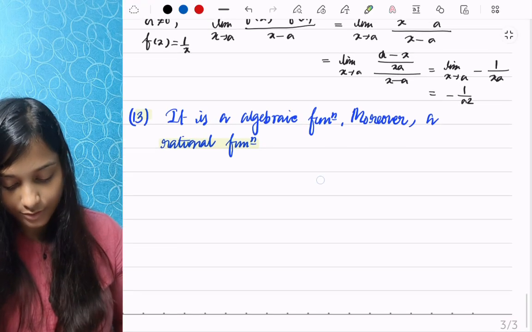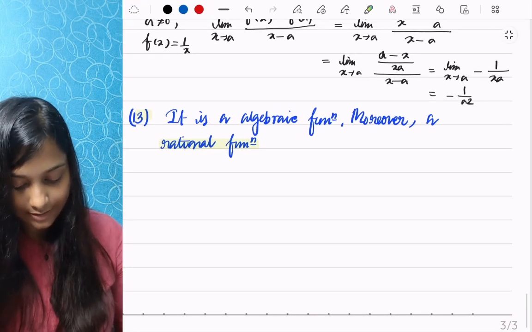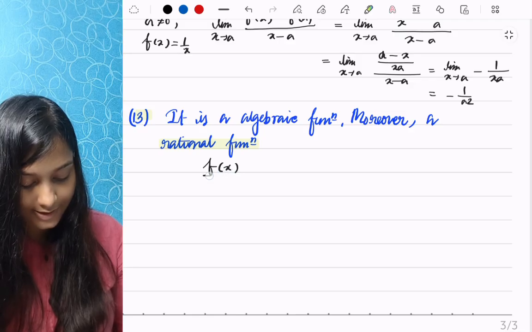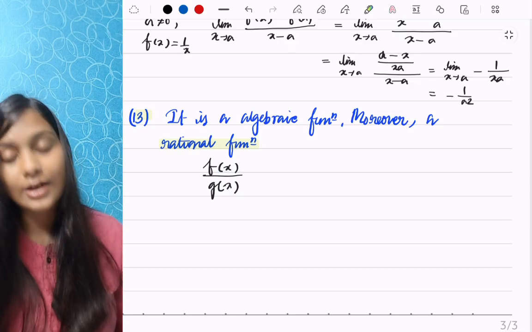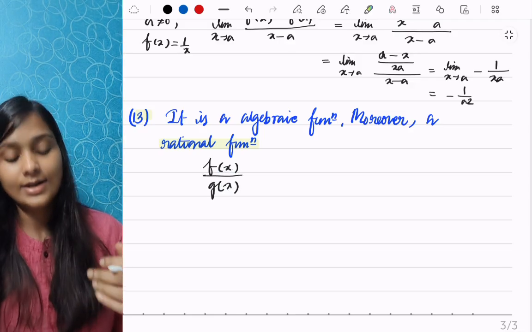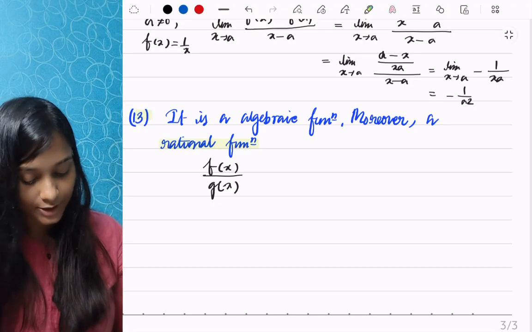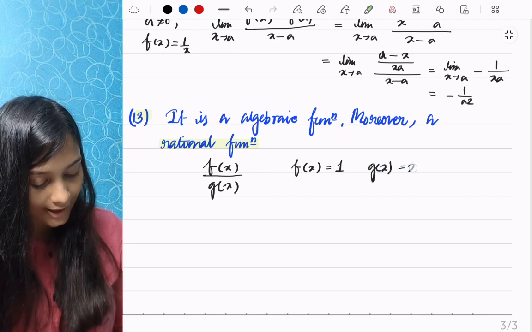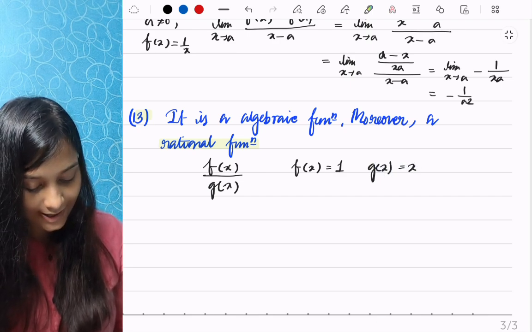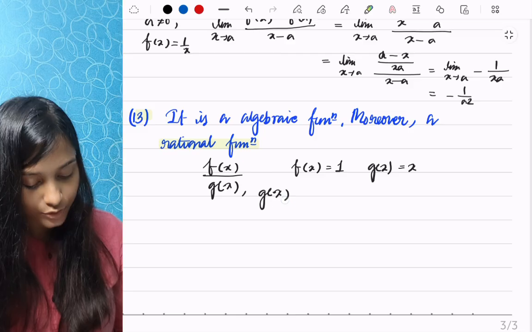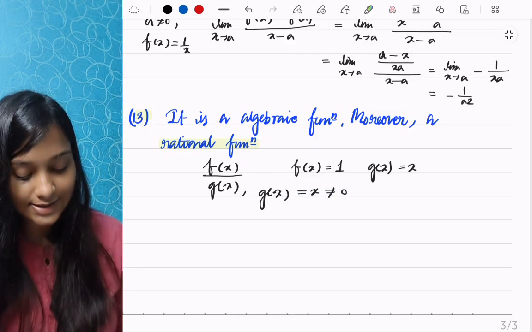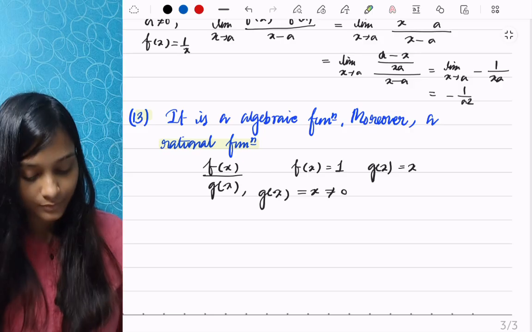As I have already mentioned, rational functions have this kind of structure, f(x) by g(x), where f(x) is itself a polynomial and g(x) is itself a polynomial. So here the f(x) function is 1 and the g(x) function is x, and g(x) equals x is not equal to 0 unless it is otherwise defined.